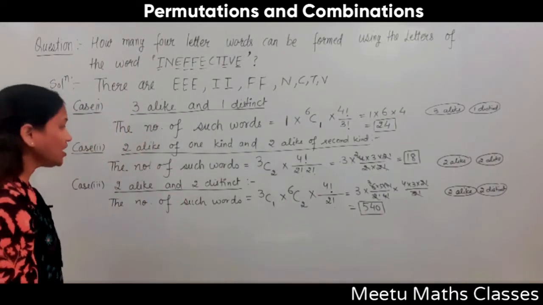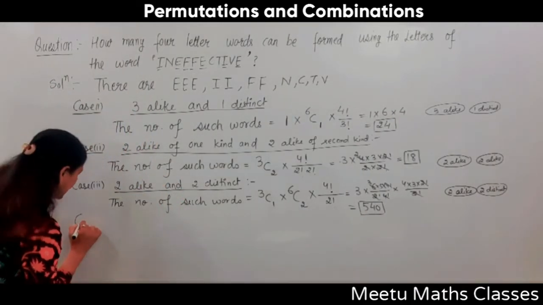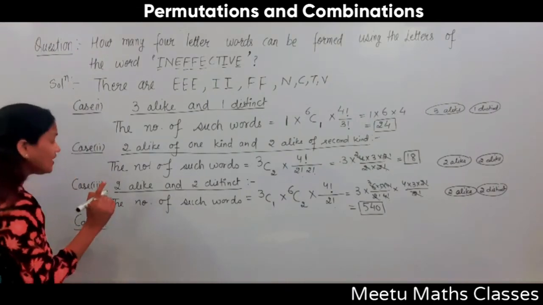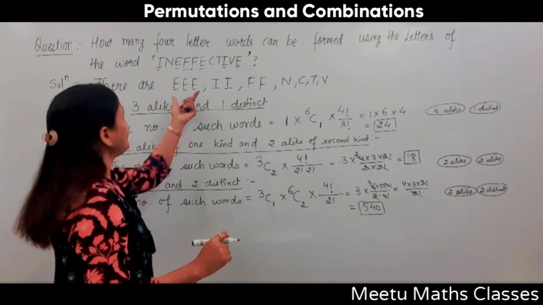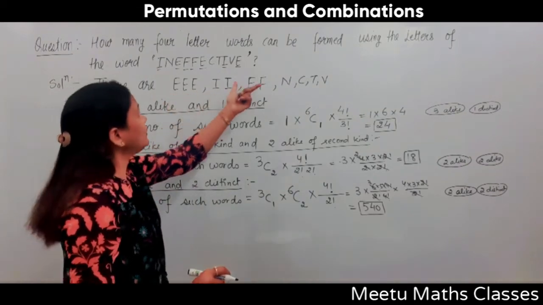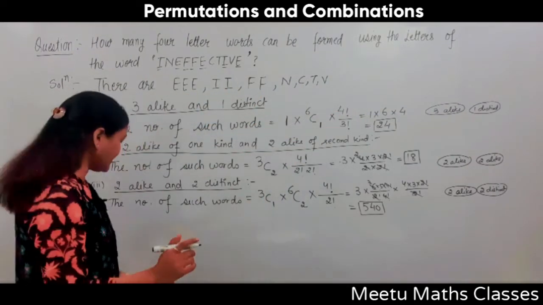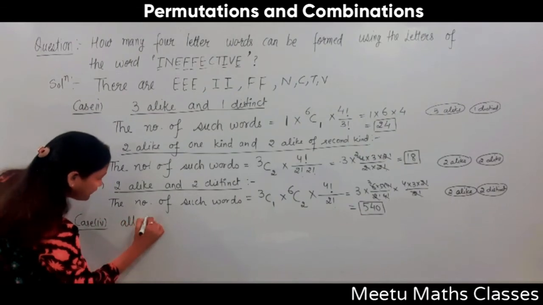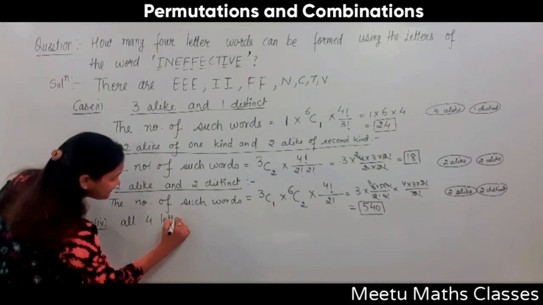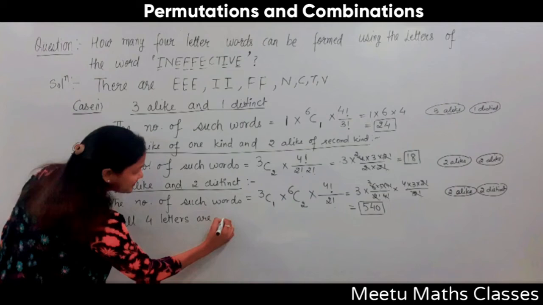And finally we can choose these 4 letters in a different way, in the way that all the 4 letters are distinct.